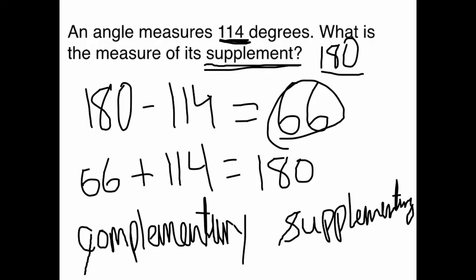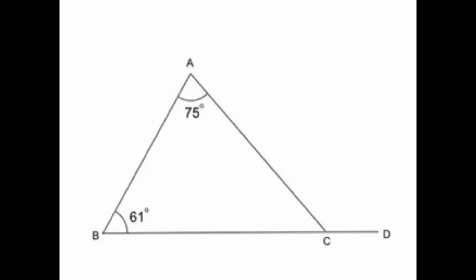Let's do another example. Okay guys, let's look at this. I want to figure out what angle ACD is, or figure out what the value of X is. But before I do that, I need to figure out what the angle of ACB is, in order to figure out what its supplement ACD is.